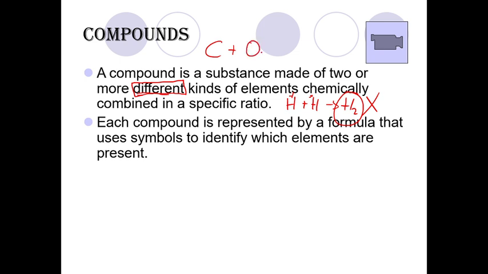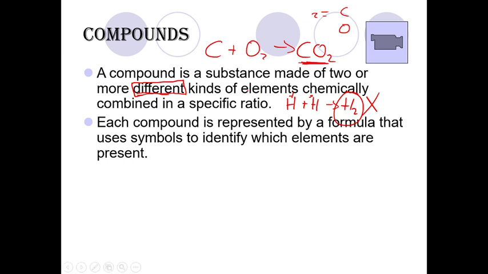Carbon plus oxygen gives us carbon dioxide. Carbon dioxide qualifies as a compound. Why? Because we have how many different types of atoms? Two different types of atoms. And what are they? Carbon and oxygen. So that is a compound. I hope you get me.